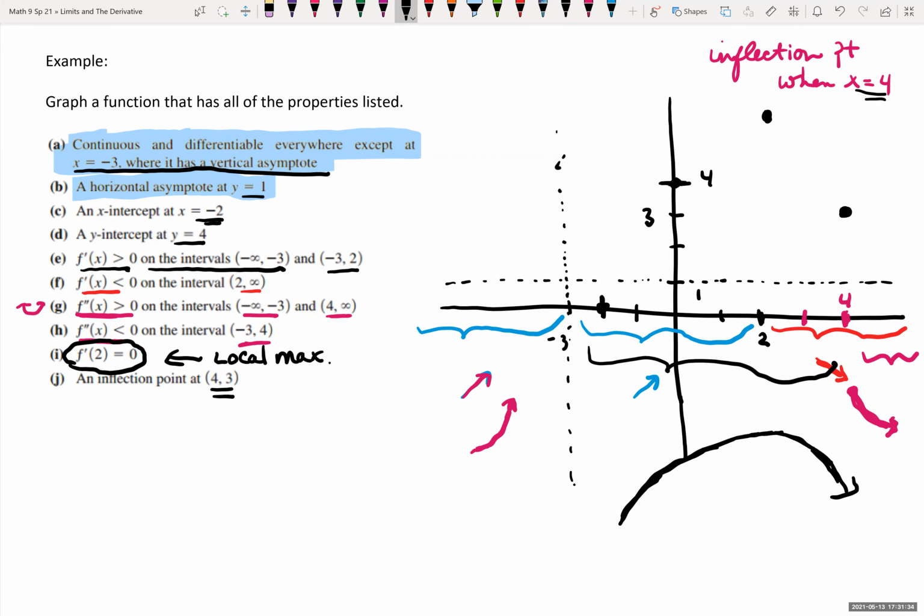Okay, so we knew it was concave down. And we know that it's crossing the x-axis right here, and we have a vertical asymptote here. So it's going to look like this.